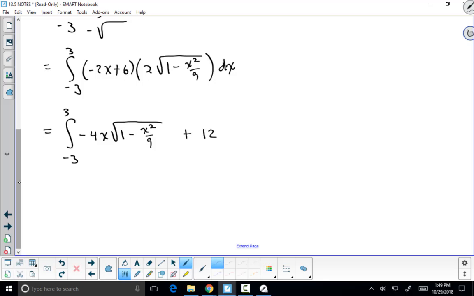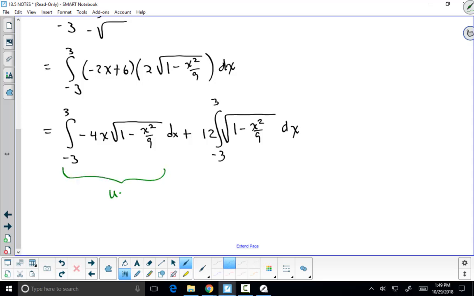I'm going to separate this into two separate integrals just to keep it a little cleaner. That's 12 multiplied by the integral from minus 3 to 3 of the square root of 1 minus x squared over 9 dx. Okay, we won't go through this u sub part. That you know how to do. So that's u sub.